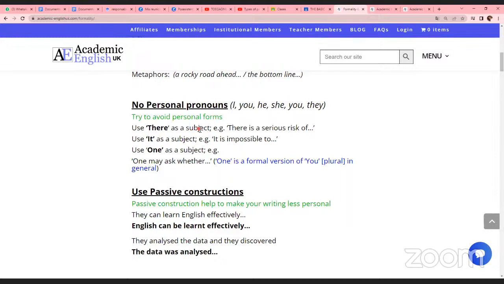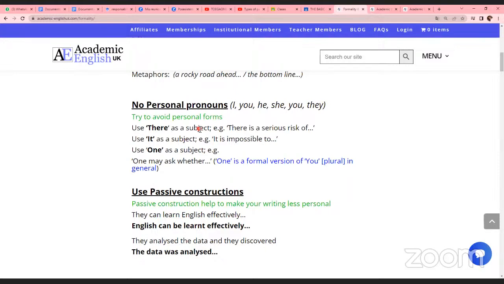Instead of using a personal pronoun, you can replace it with there, for example, there is a serious risk. And we're not saying we have or we are in a serious risk. No, no, no. There is. I'm a third person. I'm not part of it.